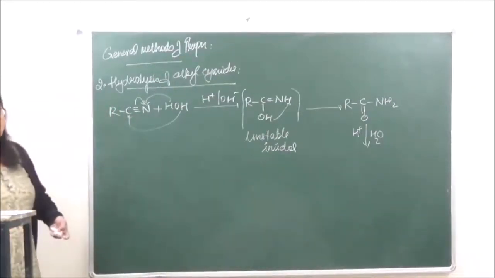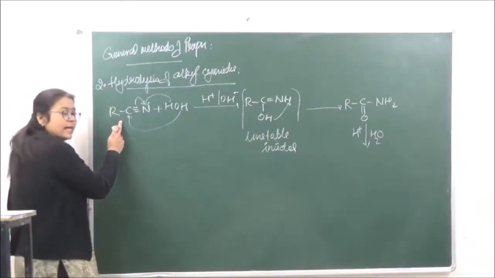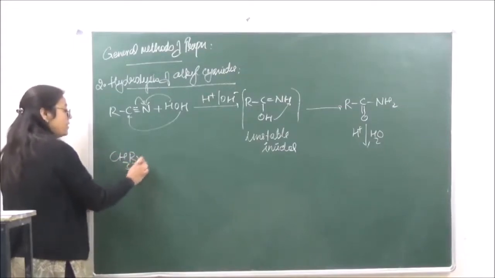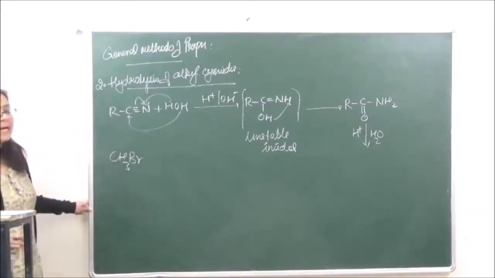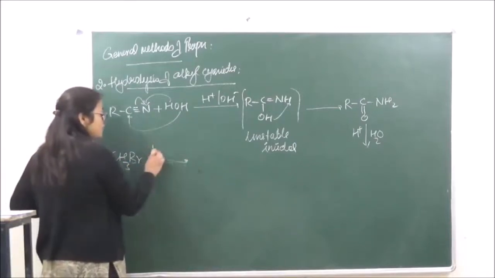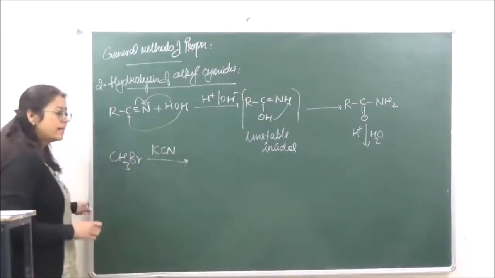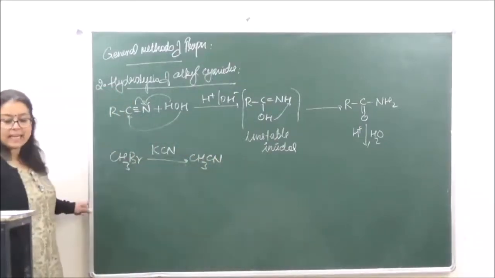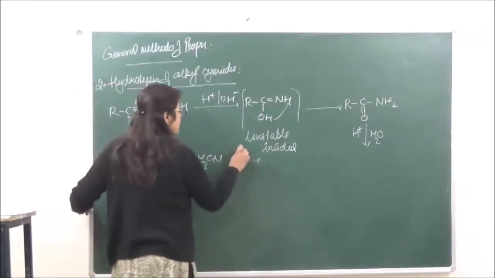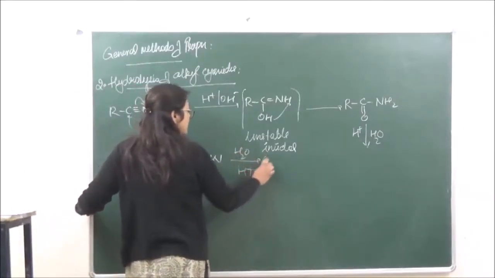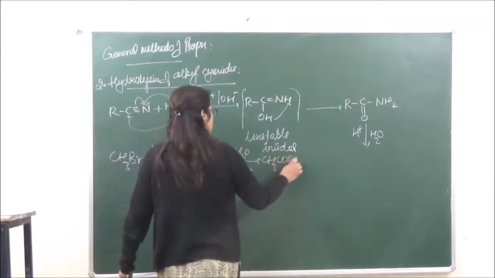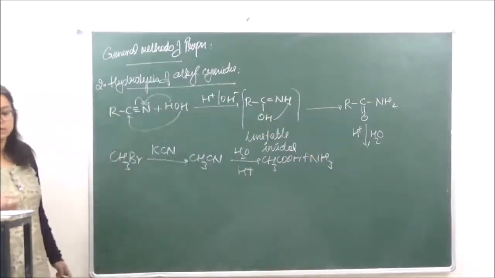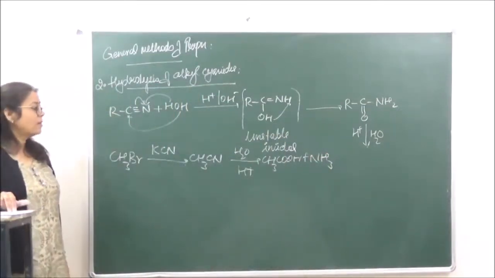The cyanides which are required for the reaction are generally formed from alkyl halides. So if you take CH3Br, reacting it with KCN, this is going to give us CH3CN. And then the hydrolysis of this in presence of an acid is going to give us CH3COOH plus NH3.